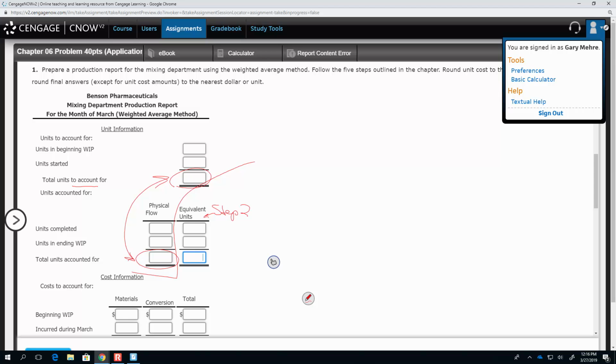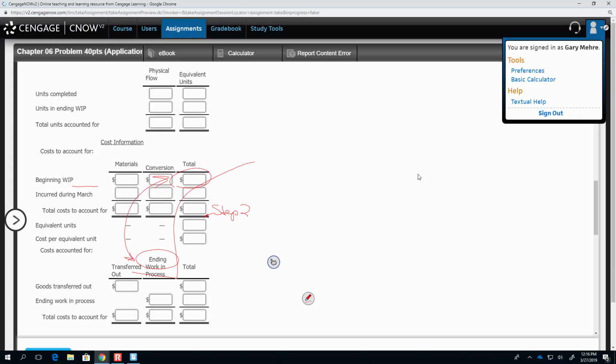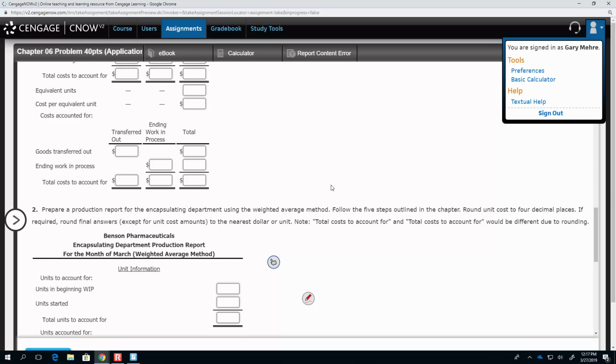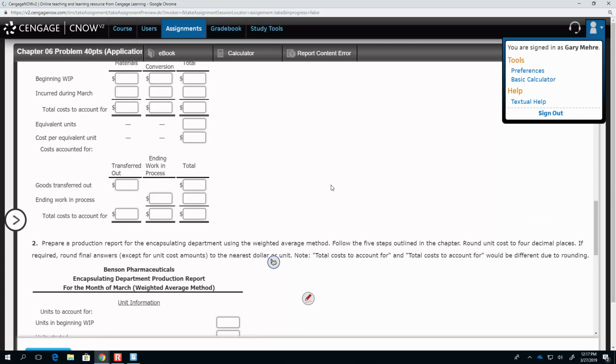One final thing. Let me clear my ink here. In the mixing, the first department, the cost per equivalent unit has to be rounded to 2 places. This is what CNOW is looking for.